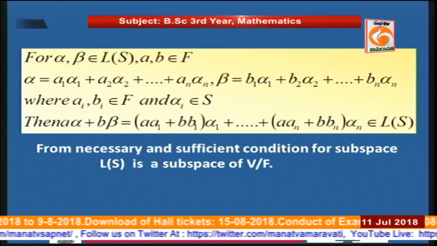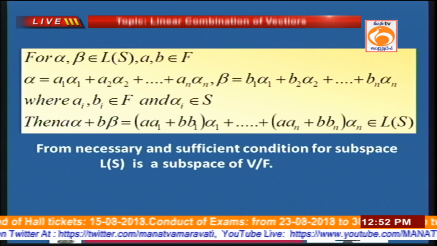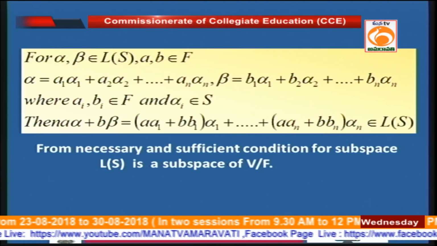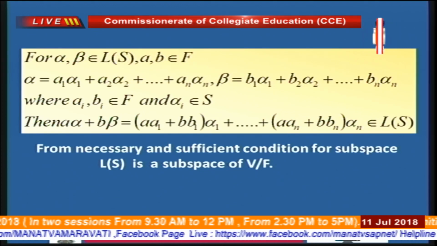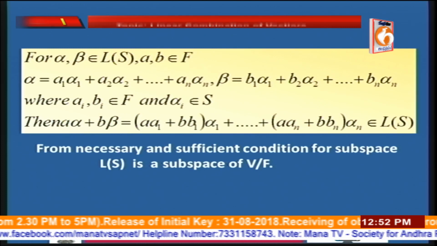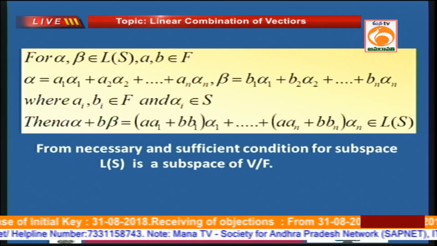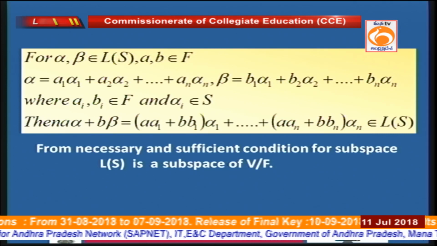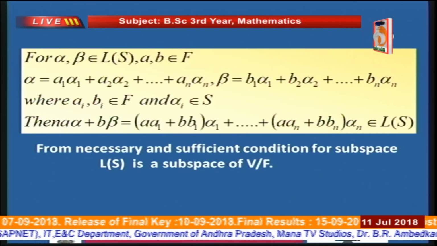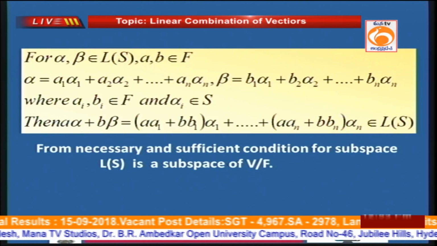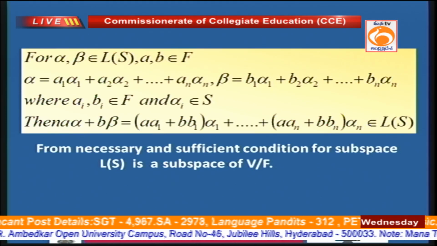Take alpha, beta belonging to L of S and a, b belonging to F. So, alpha, beta are elements of L of S. So, they should look like linear combinations of elements of S. That is why I am writing alpha as a1 alpha 1 plus a2 alpha 2 etc. an alpha n, and beta also the same, but I am only changing the scalars: b1 alpha 1 plus b2 alpha 2 etc. bn alpha n, where a's and b's belong to F and the alphas belong to S. Now find the combination a alpha plus b beta.